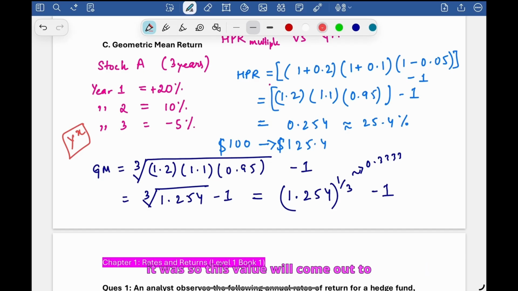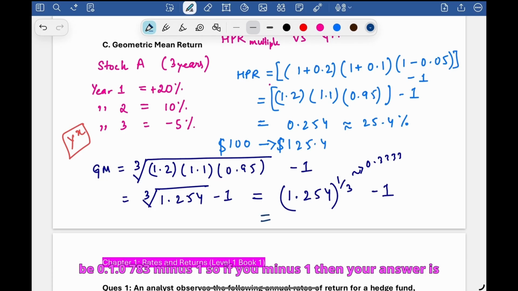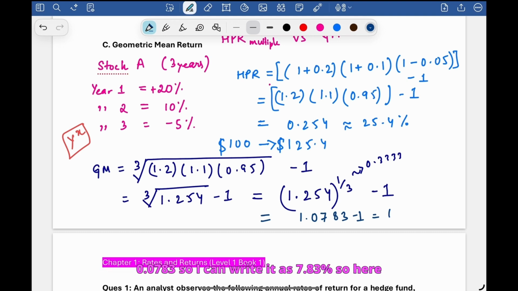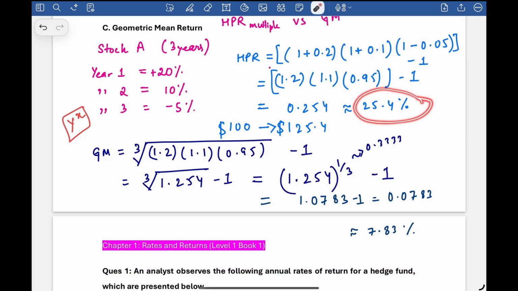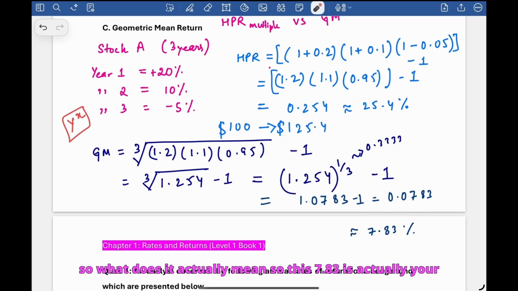This value will come out to be 1.0783. Minus 1, the answer is 0.0783, so I can write it as 7.83%. Here you have to notice one thing. Holding period return was 25.4%, but the geometric mean is giving us 7.83%. So what does it actually mean?